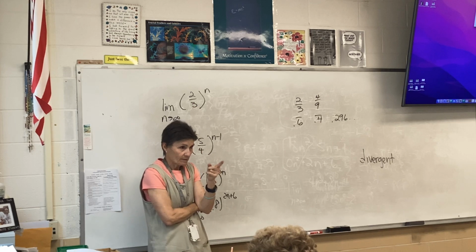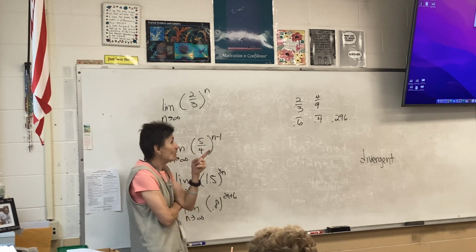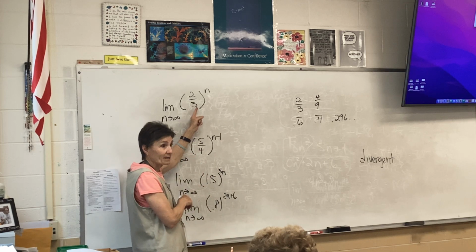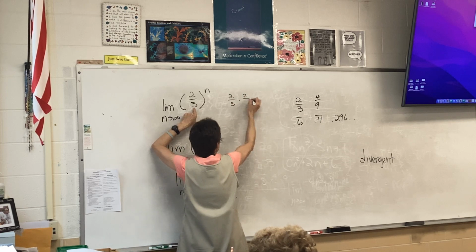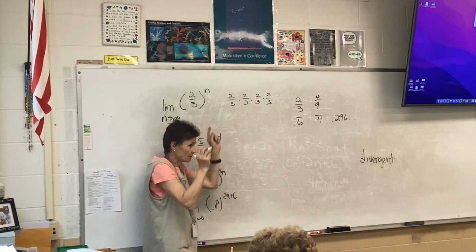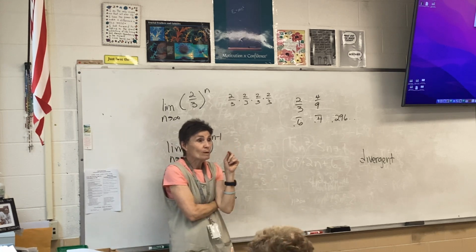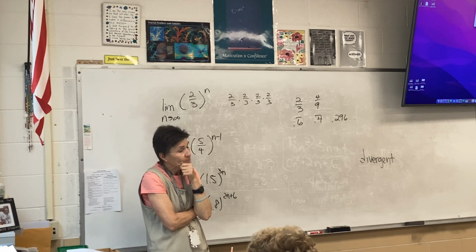They're getting smaller. Now, I want you to think about this. We talked a little bit about it yesterday. If we keep multiplying by 2/3, this means 2/3 times 2/3 times 2/3 times 2/3, and so on and so on. If we keep multiplying by 2/3, is our answer going to get bigger or smaller?